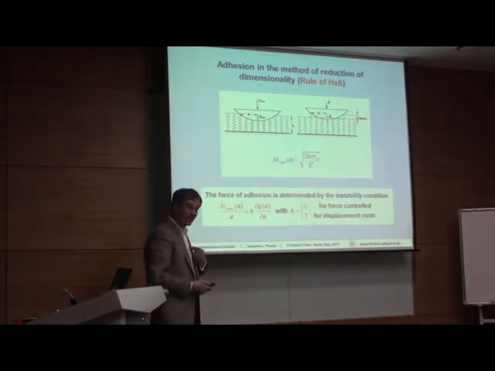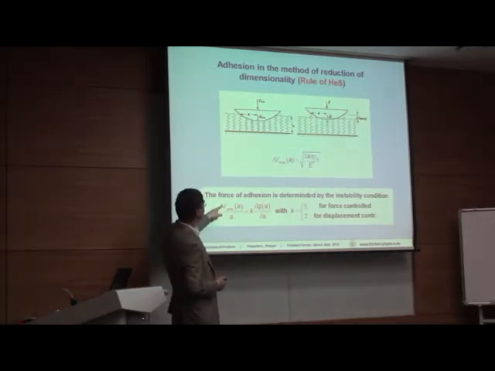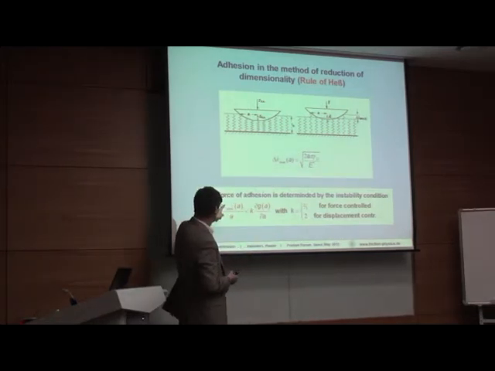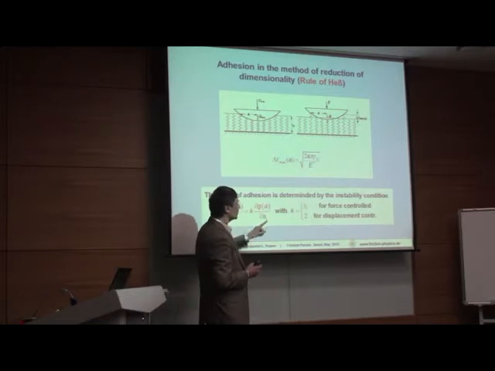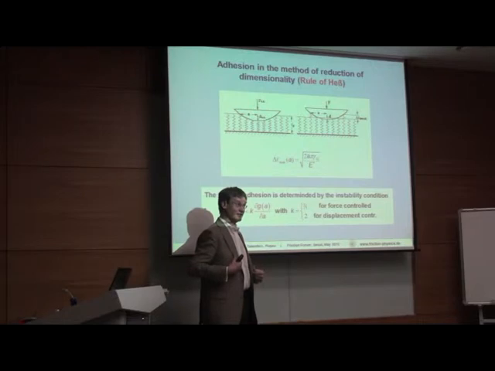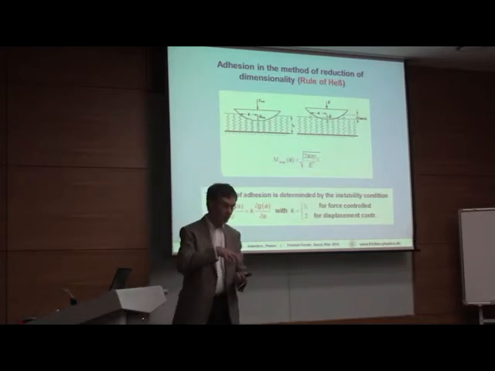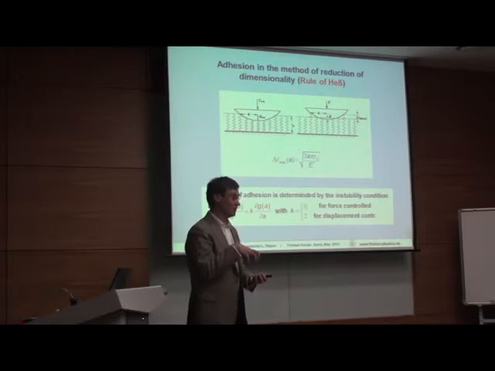But in one dimension, it is trivially simple. The ratio of this critical stretching of one spring divided by the size of the contact must just be the slope at the border of the contact. And this is the critical condition. The coefficient does depend on whether you do the experiment under controlled force or under controlled displacement. It is different.